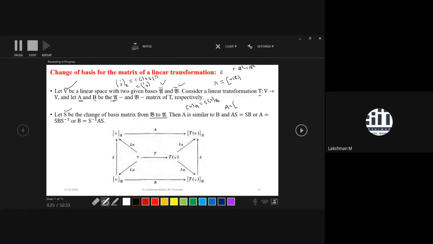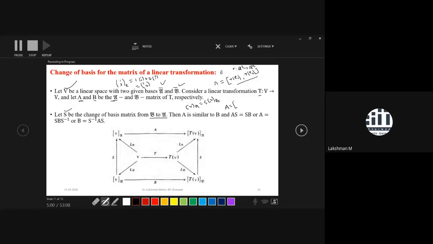That's the way I am writing here: find the coordinate of the image of E1, which forms the first column, and similarly the coordinate of the image of E2, the second basis element, with respect to the standard basis. So it would be T of E1. Sorry, this one is the matrix of the transformation from R2 to R2.